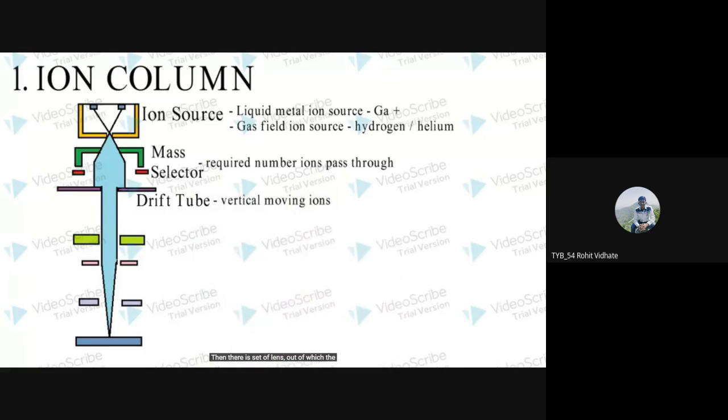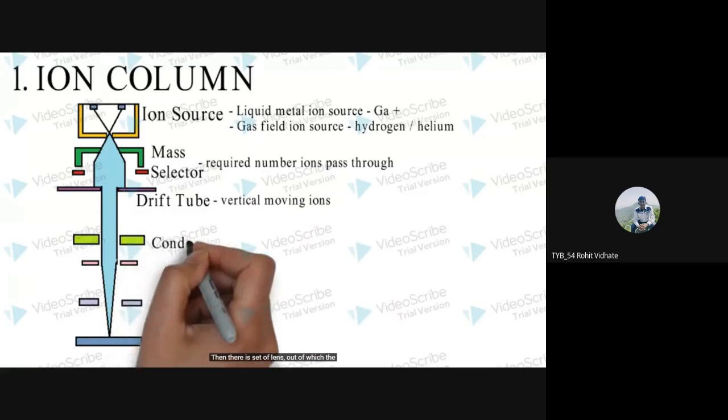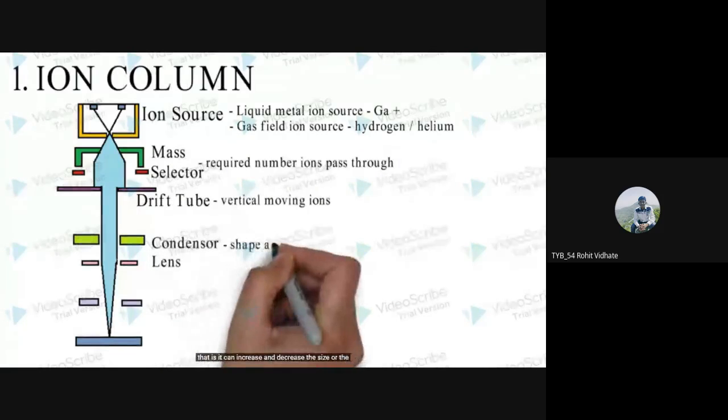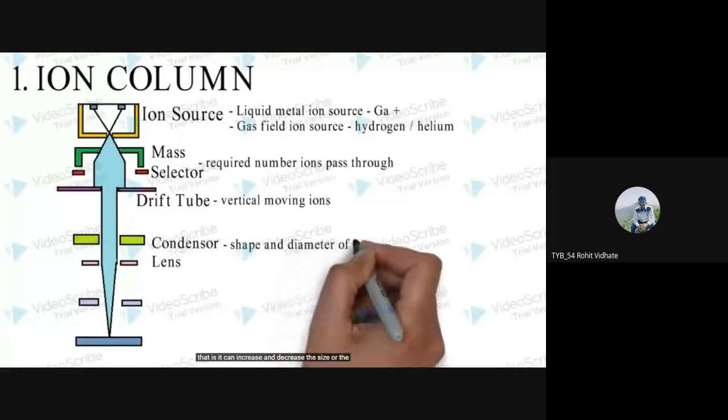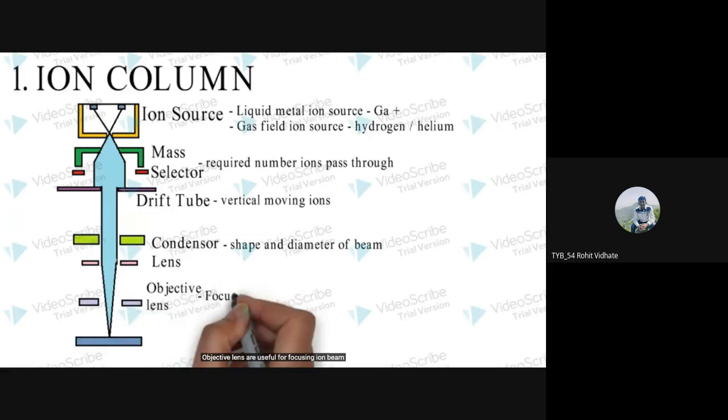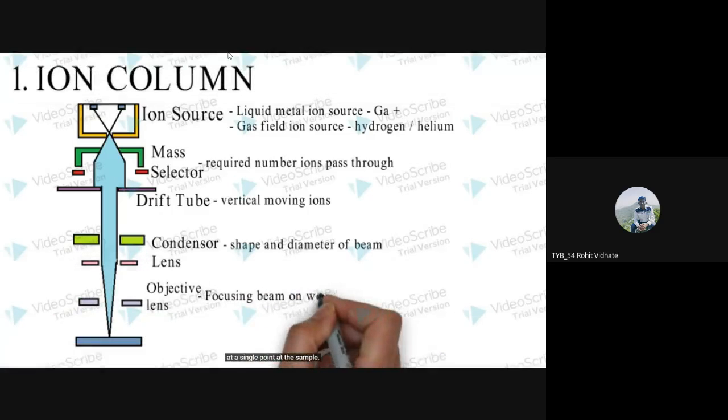Then there is a set of lenses, out of which the condenser lens controls the diameter of the ion beam. That is, it can increase and decrease the size or circumference of the ion beam. And the objective lens is useful for focusing the ion beam at a single point on the sample. Sputtering occurs when these ion beams strike the sample surface.